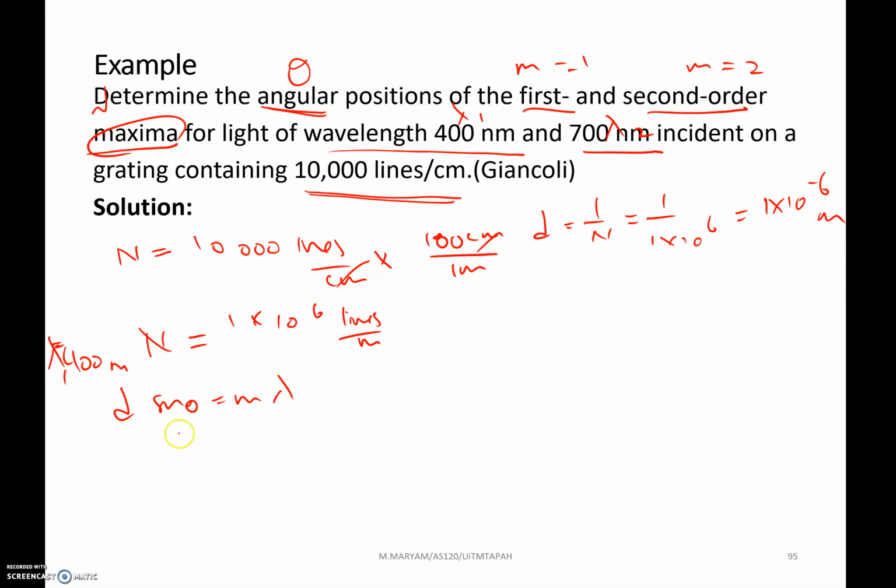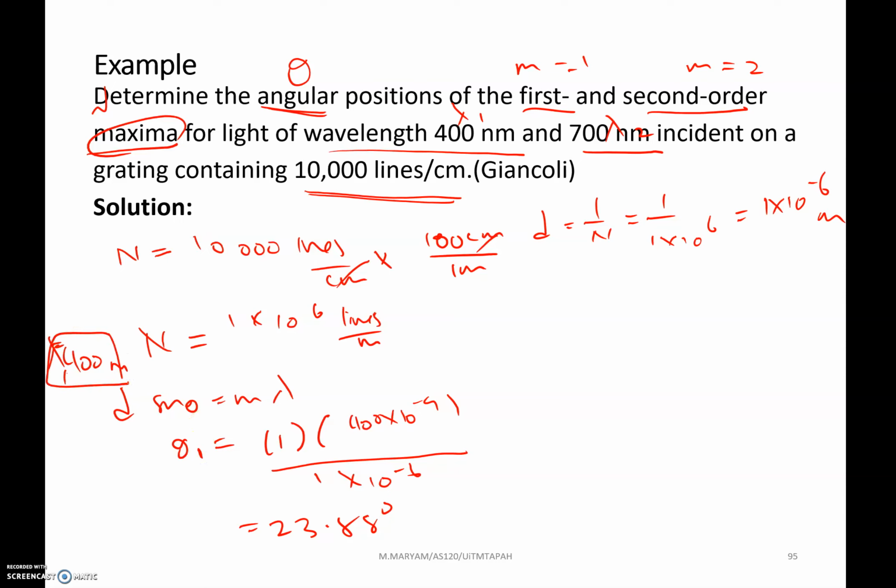So theta is equivalent to, your m is 1, first order, your lambda is 400 nanometer, you divide by your d, which is 1 times 10 to the power of negative 6. We'll get 23.58 degree. So this is your theta at the first order for 400 nanometer wavelength.